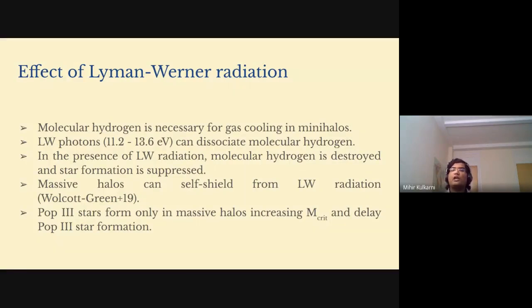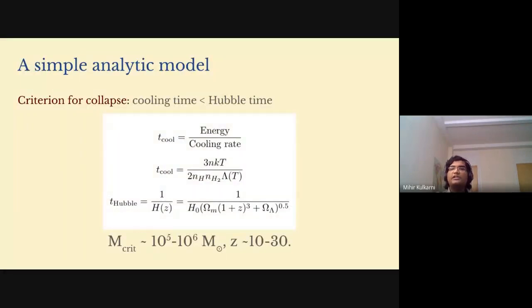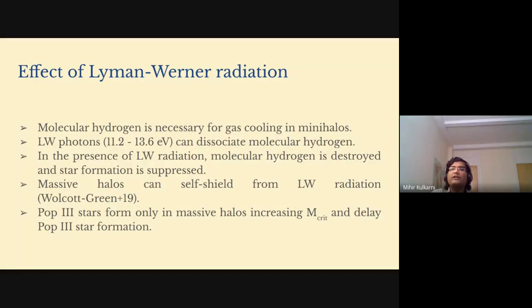Therefore, if there is Lyman-Werner radiation, Pop III stars form only in massive halos, but cannot form in low mass halos. So the critical mass that I described just here is increasing in presence of Lyman-Werner radiation. Depending on how strong the radiation is, we expect the critical mass to increase to even higher values. So this is one effect that can delay the formation of first stars.